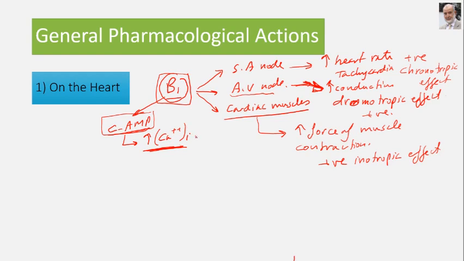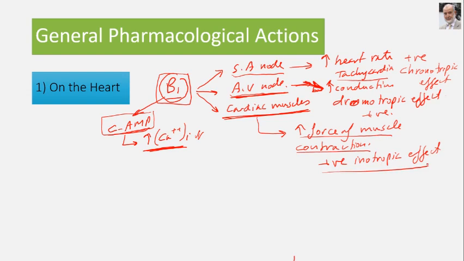This increase in intracellular calcium has a positive effect on the SA node, increasing the rate of SA node activity, resulting in tachycardia, the positive chronotropic effect. As well, they will increase the conduction through the AV node. Any activity in the atria will be conducted to the ventricle faster. This is the positive dromotropic effect. Also, the increase in intracellular calcium in the cardiac myocyte will increase the force of muscle contraction. This is the positive inotropic effect.